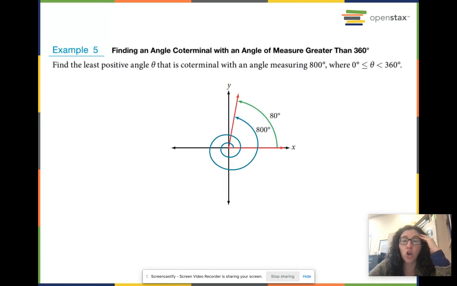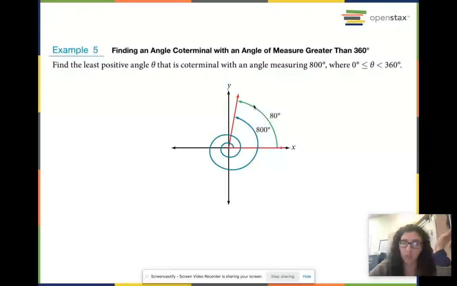All right, so let's go back to coterminal angles. It says find the least positive angle theta that's coterminal with an angle measuring 800 degrees. It looks like if here's our terminal side, this has gone around twice and then a little bit more.